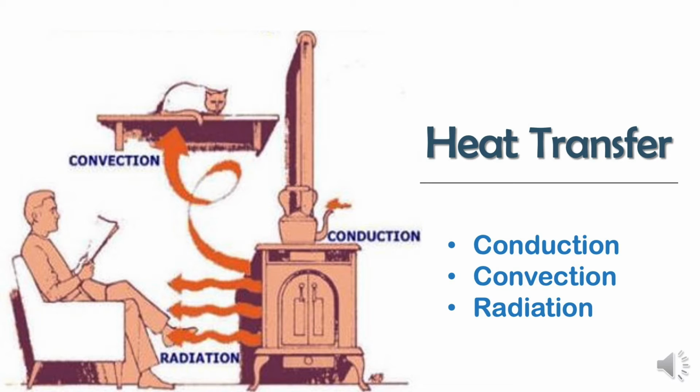The teapot sitting on the stove is getting heat transferred by conduction. Conduction is always going to be touching. Convection is heat that is transferred through air. So the cat that is on the shelf above is getting some convective heat as the air rises.